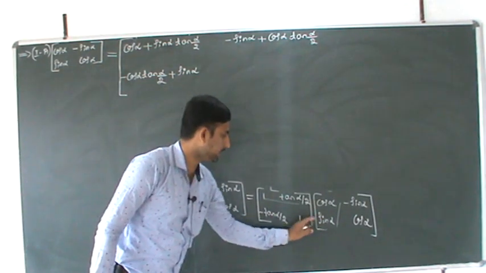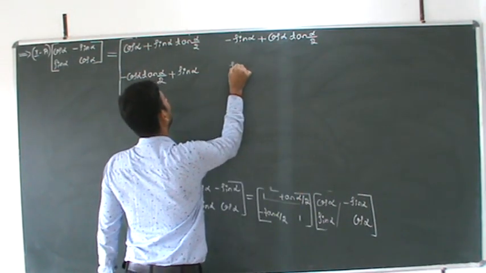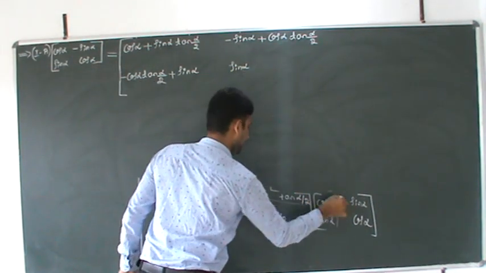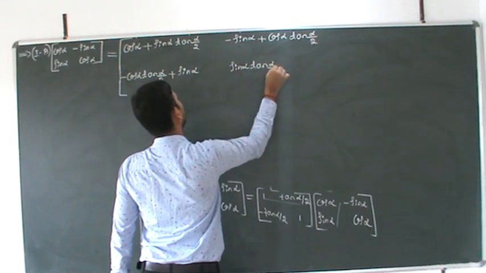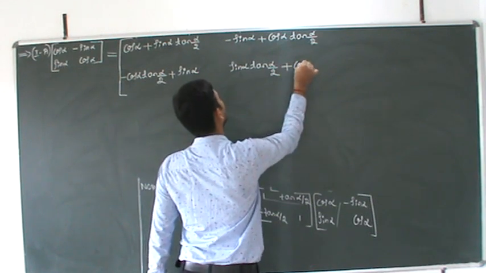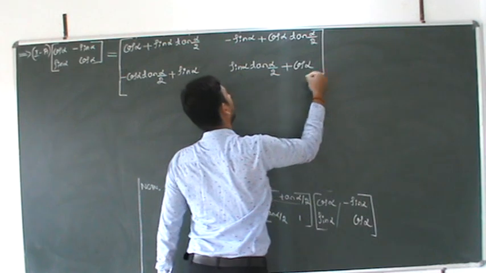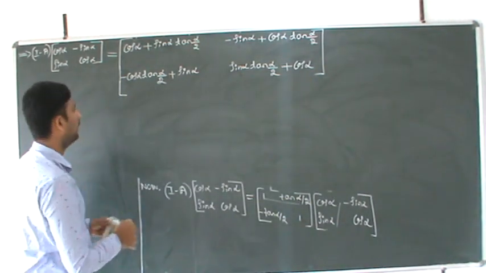This into this, minus of minus, sin alpha tan alpha by 2, plus cos alpha, which is cos alpha.